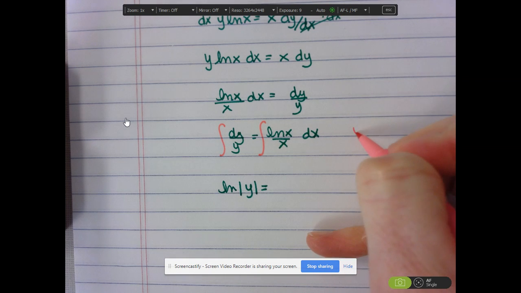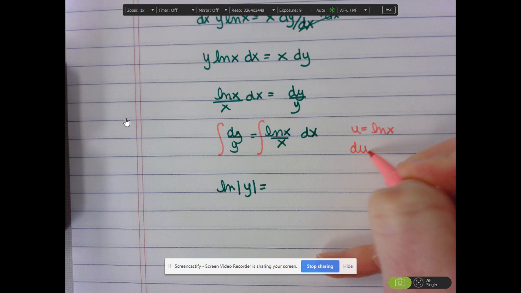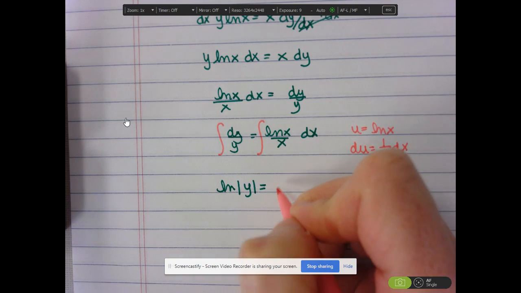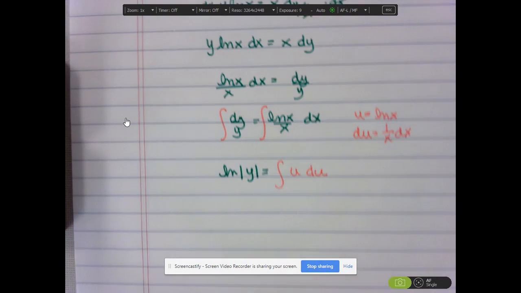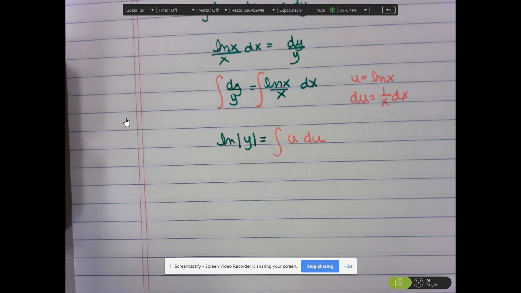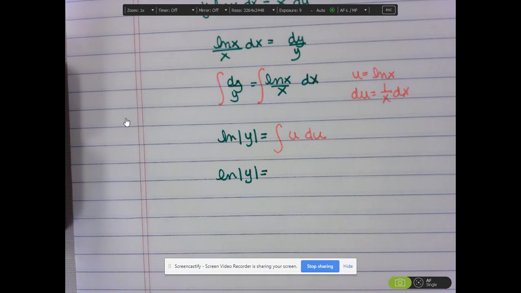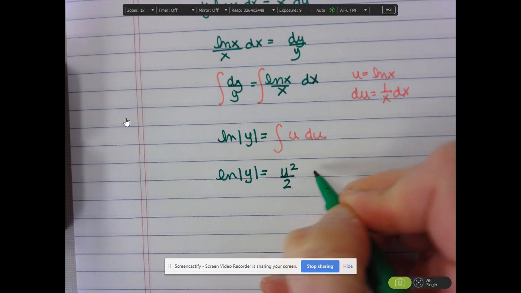So u substitution: u is ln of x, du is 1 over x dx. Hey, you have 1 over x dx. So this becomes u du, and the ln of y just keeps hanging out. The antiderivative of u is u squared over 2 plus c.